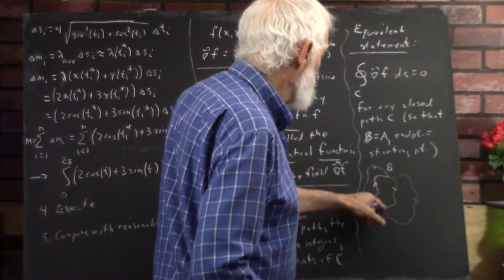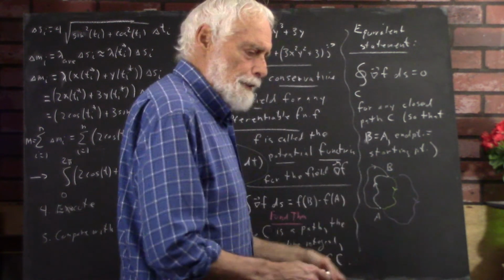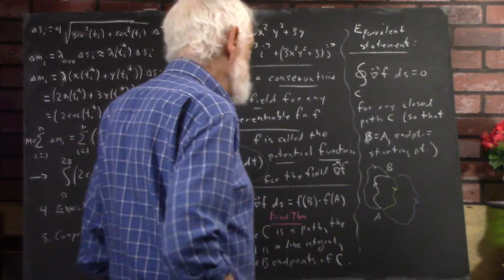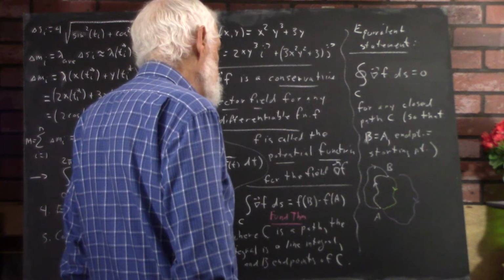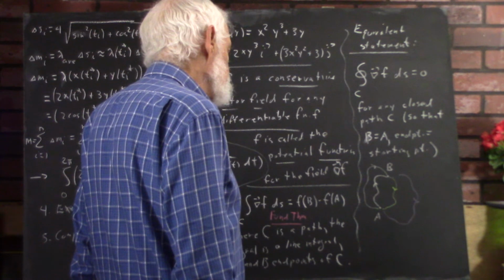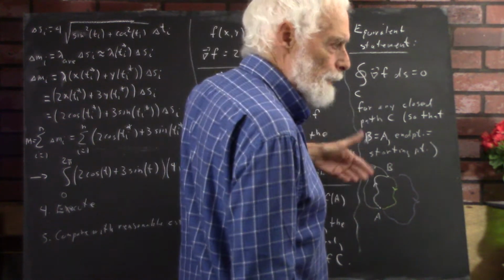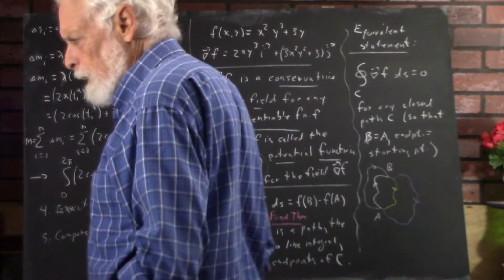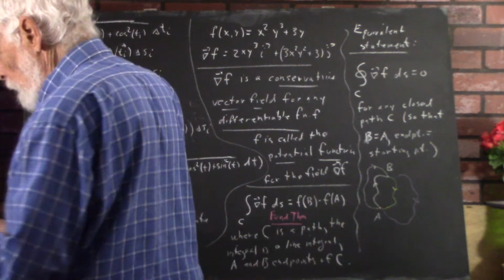Doesn't matter what path this is, you put all that together and you conclude that the integral is path independent. Okay, not a hard thing to understand once you ponder it for a little while.